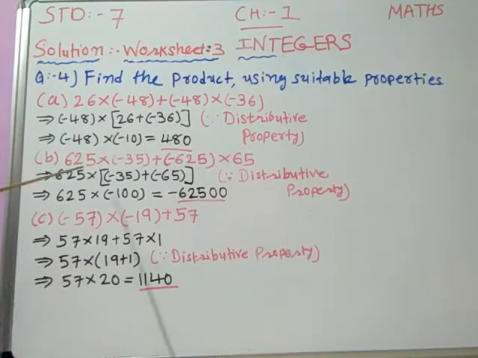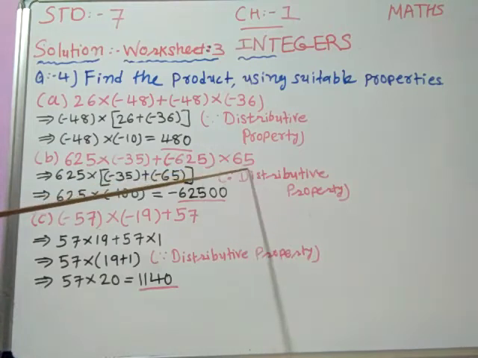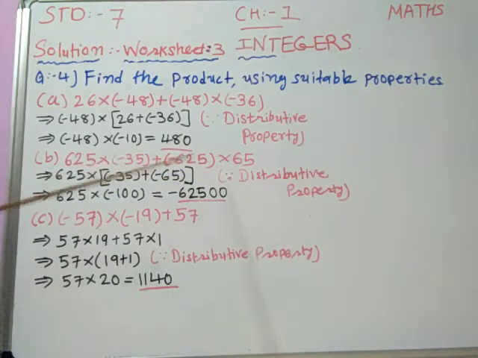Now B. 625 multiply minus 35 plus minus 625 multiply 65. Here also two terms. First one 625 multiply minus 35. Second term minus 625 multiply 65. From these two terms 625 is common. But here it's positive, here it's negative.